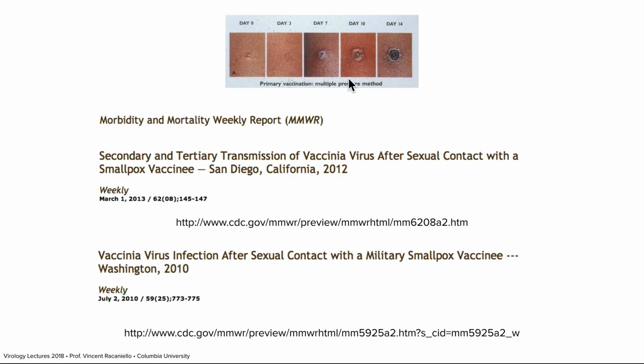Now, I will tell you that the virus, when it forms a lesion on the skin, is quite bearable, but this virus can also infect mucosal surfaces, the kind that are exposed during sexual activities. And there the infection is much more painful and not something that you want to have. I'm sure the recipients of this vaccinia virus infection were not too happy.